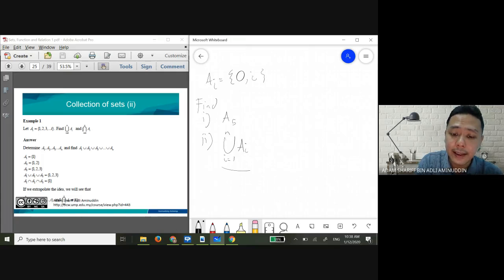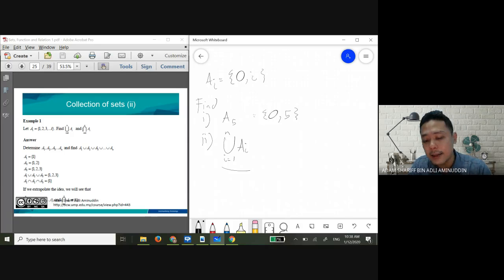Okay, A5 senang. Kamu gantikan i equals to 5, equals to {0, 5}. Okay, that is not that hard. But the hard thing comes later, which is this one. Because we are looking at a very undefined n, which makes it hard for some students to find what is the union collection of this Ai.